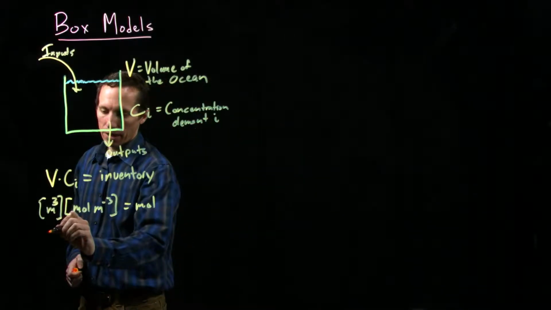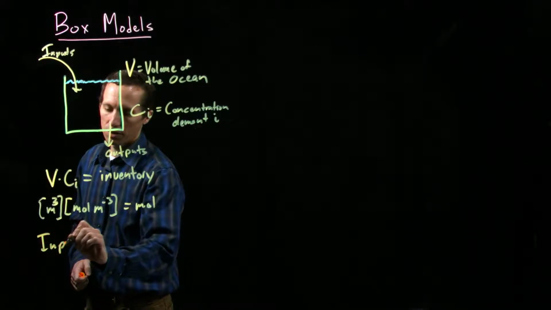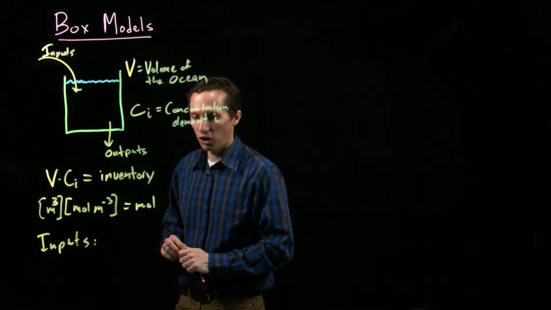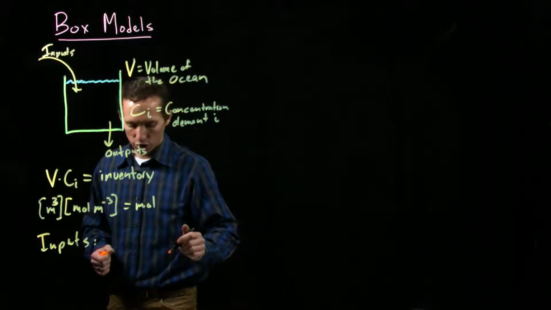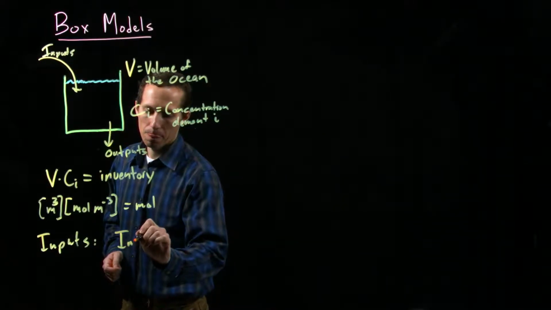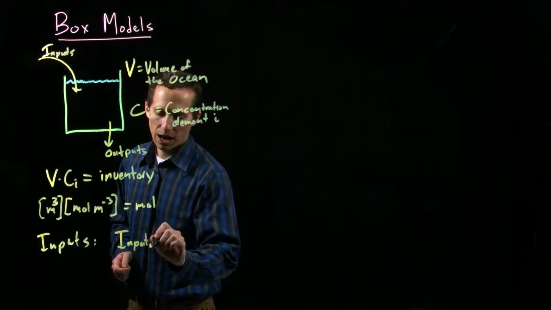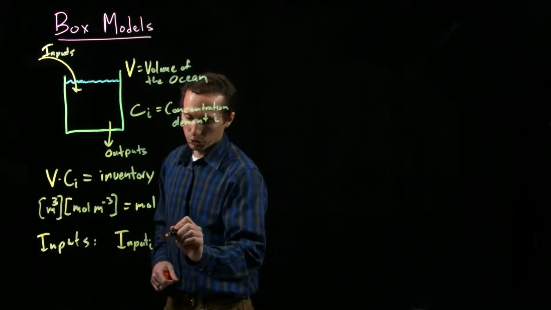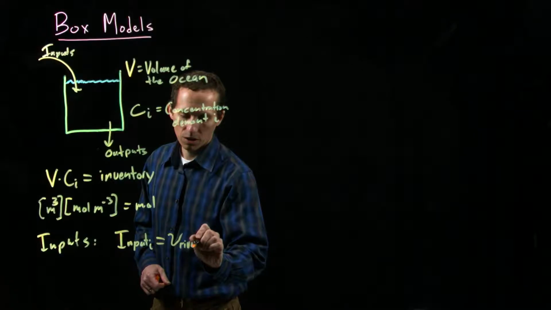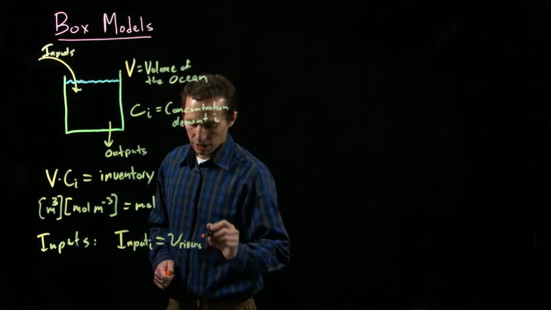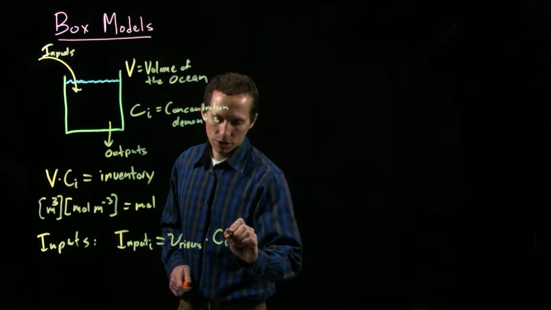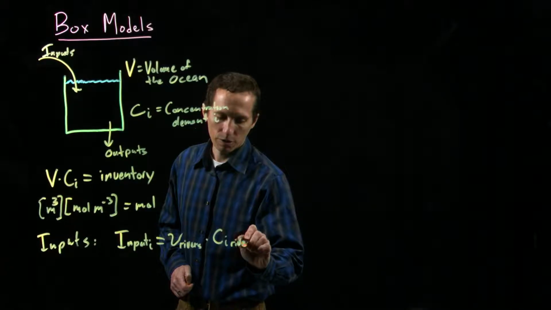So inputs, if we consider that the primary input for a lot of constituents in the oceans comes from the rivers, we can write the input of constituent I is equal to the volumetric flow rate of the river, of all the rivers coming into the ocean, times whatever concentration of constituent I is in the rivers, is in the river water.